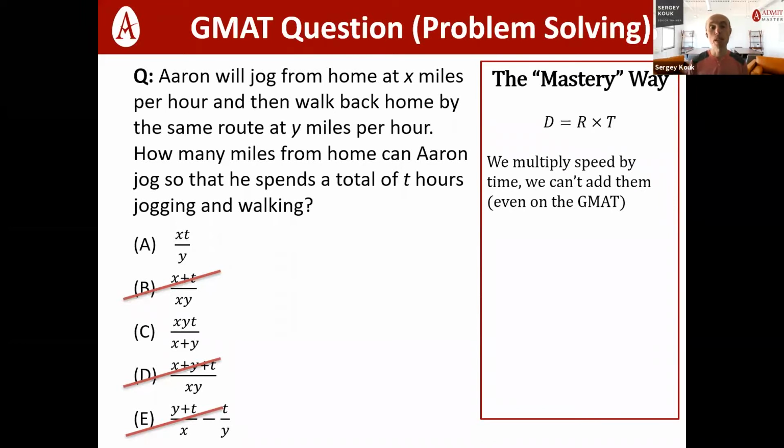If we divide one by the other, we get 2, which is simply a number that tells us how many times this person is driving faster than the other person. So if we look at A, we're going to get a ratio of 2 speeds, which is just a number, and then we multiply it by t, which is in hours. And that tells us that the answer is going to be in hours.